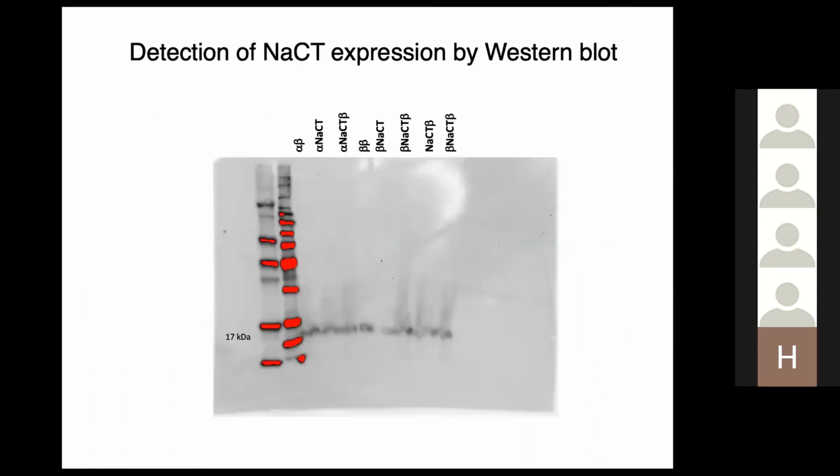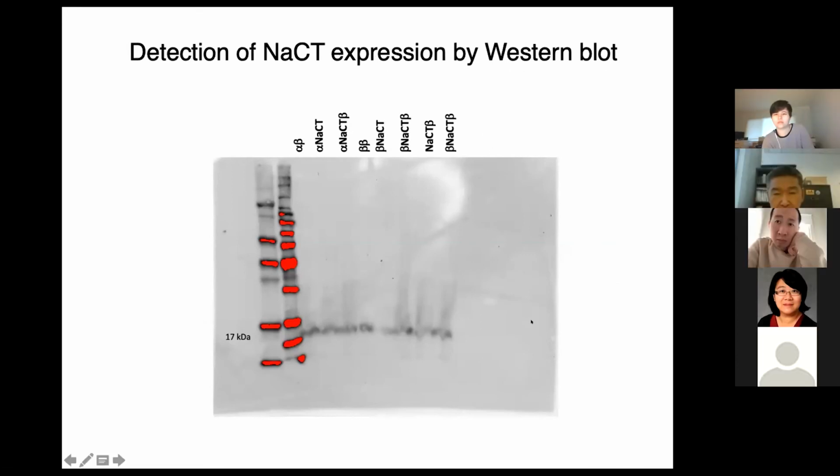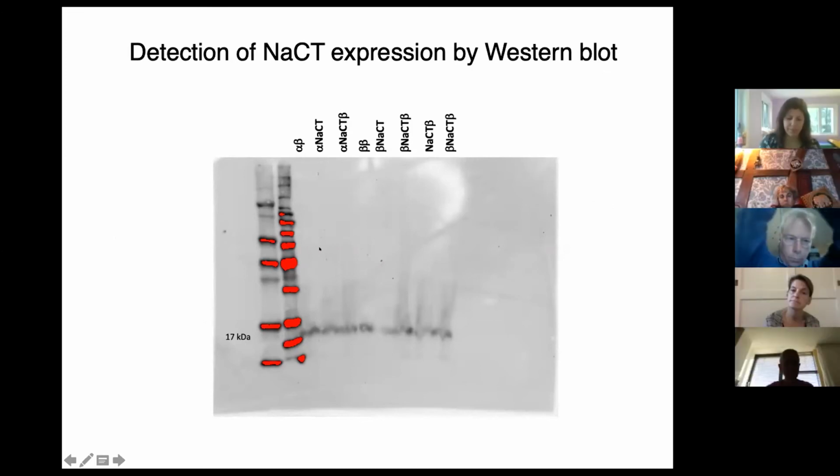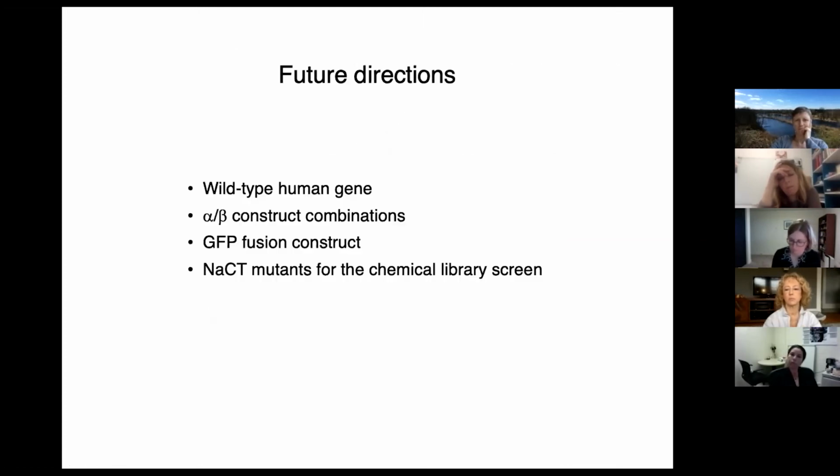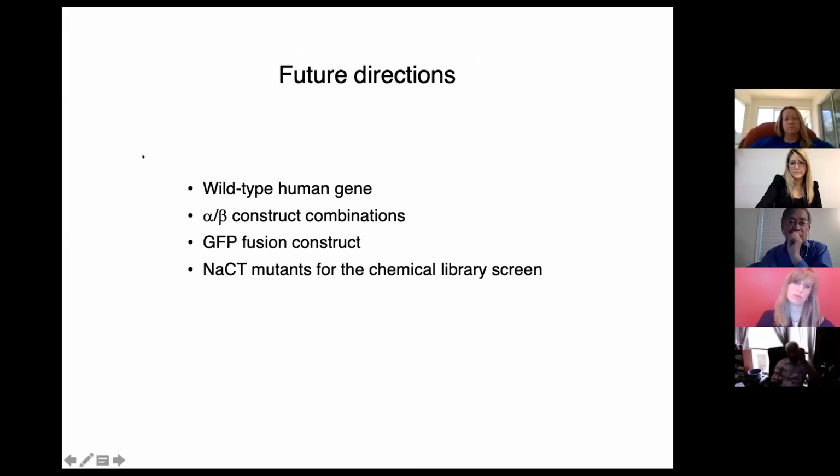So then we analyzed this, and in all the cases, we could not see NaCT expression. The NaCT, if it's expressed, should be somewhere here or somewhere here with fusion partners. In all the constructs we tried, we couldn't get NaCT expressed. So we went back to check this.